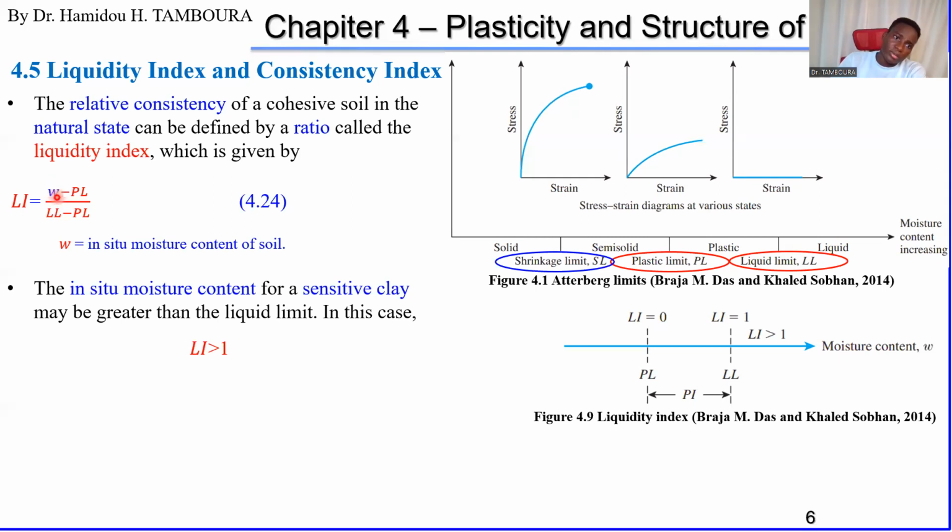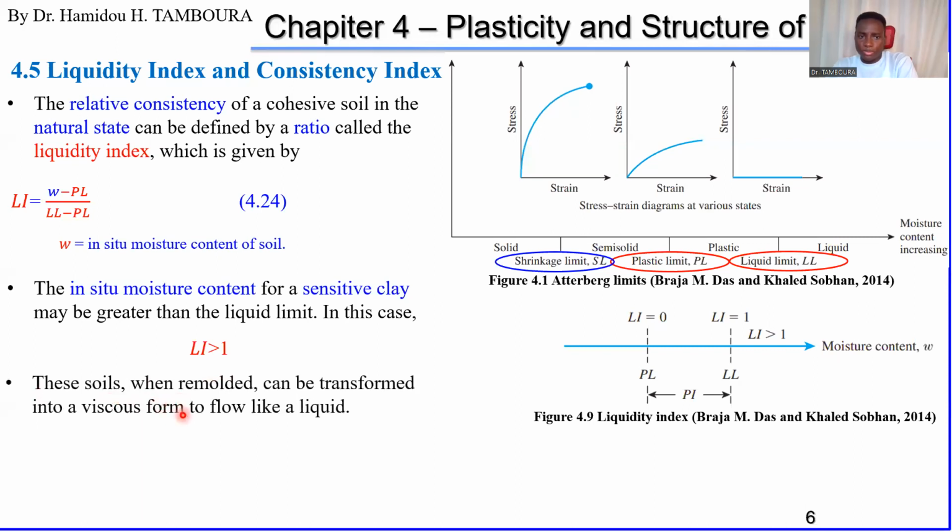If the water content, omega or W, is higher than the liquid limit, then the numerator of this fraction will be higher than the denominator. Then you will get a liquidity index higher than 1.